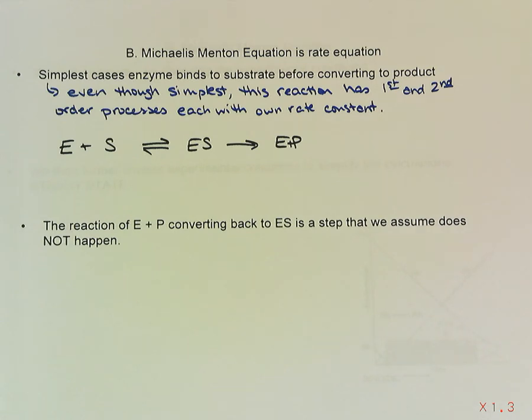So even though this is the simplest way you can draw it, we now have two different types of reactions going on, which means we have several different rate constants we have to be concerned with.